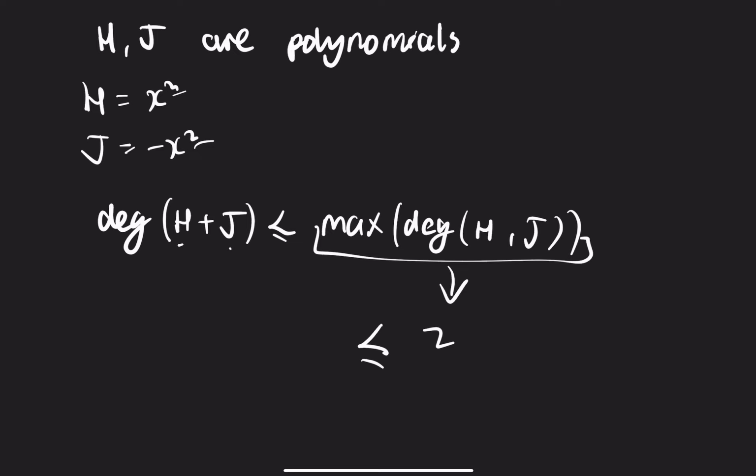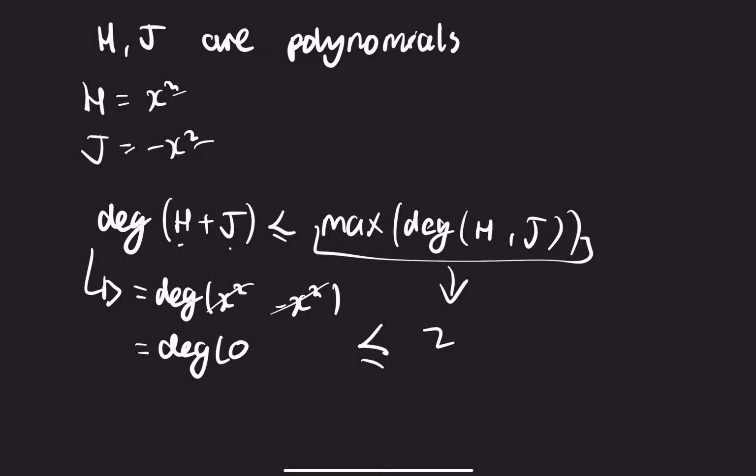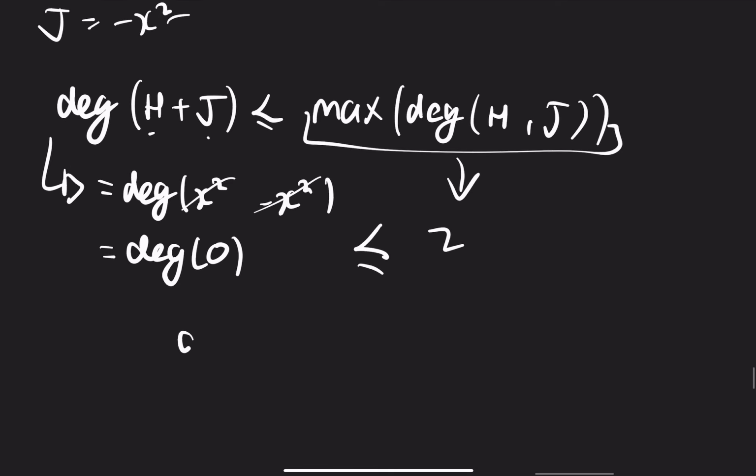Let's write that out so you can see it more clearly. It is equal to degree of x squared plus j, which is actually minus x squared. You've got a plus and a minus, so it's just minus. These two cancel out, which gives degree 0. So we know that degree 0 is less than or equal to 2.